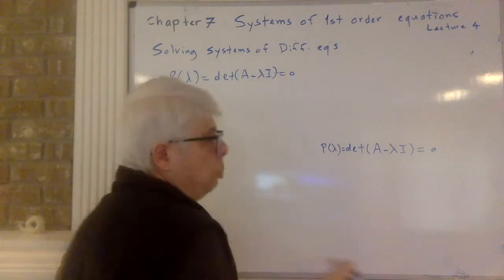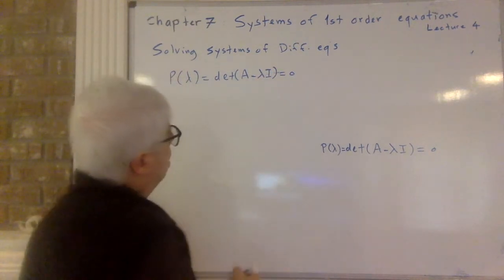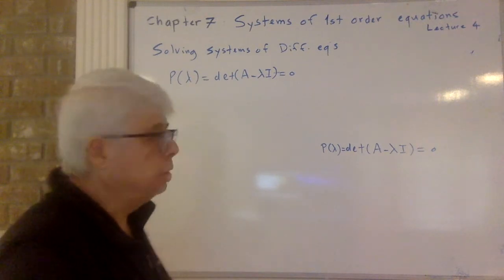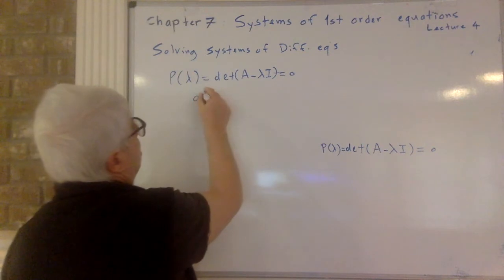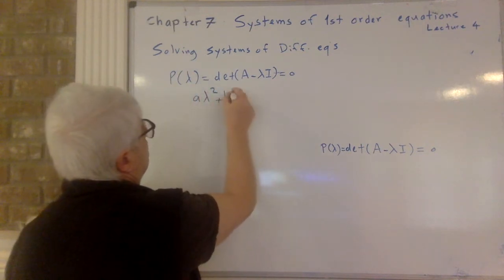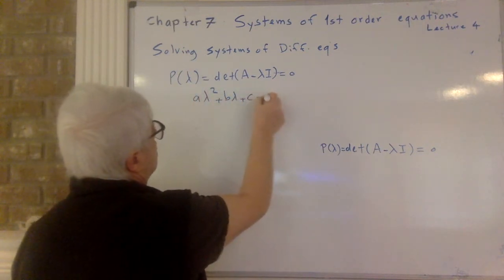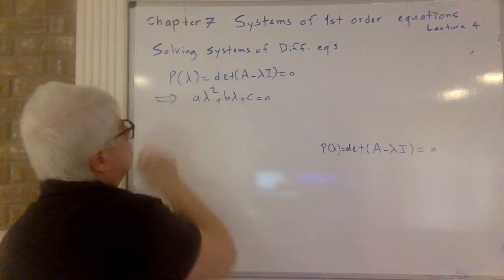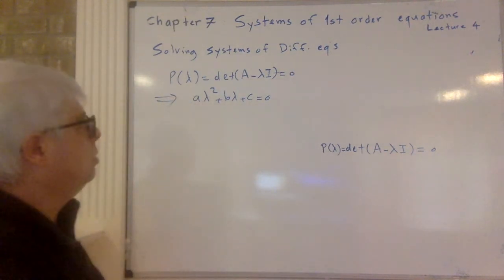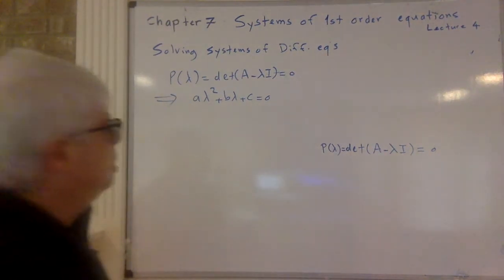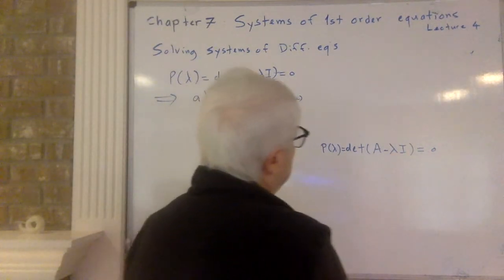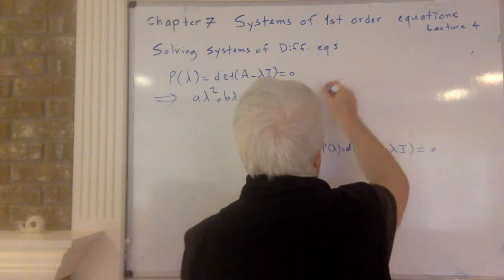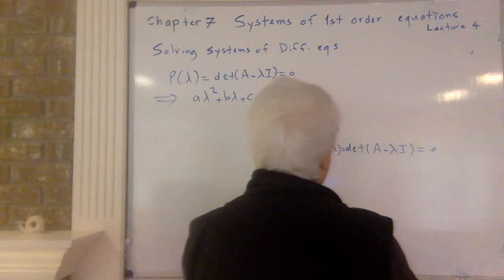And since it is 2 by 2, that will be a polynomial of degree 2, like say a lambda squared plus b lambda plus c equal to 0. And this characteristic equation gives me 3 cases here.